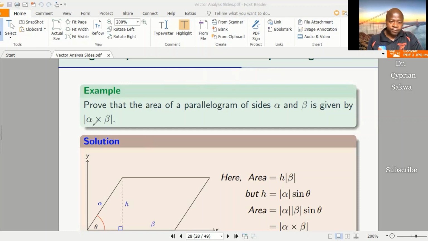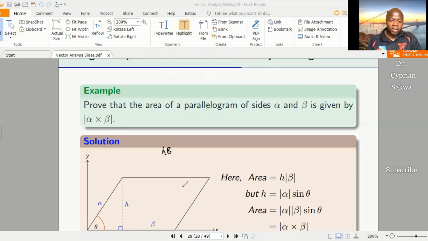So the question is, prove that the area of a parallelogram is given by this. I've drawn a parallelogram here. We know that the area of a parallelogram is given by height times base. A parallelogram is a four-sided figure, and the opposite sides are parallel and equal.